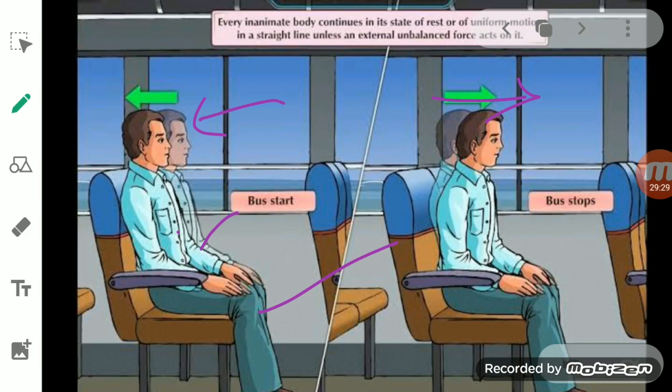But the passengers sitting inside the bus, due to inertia, do not change their state of motion, even though the bus has come to rest, and due to which the passengers move forward.